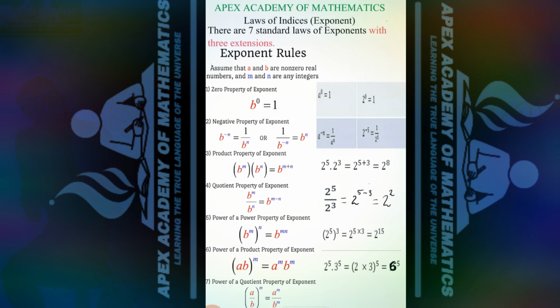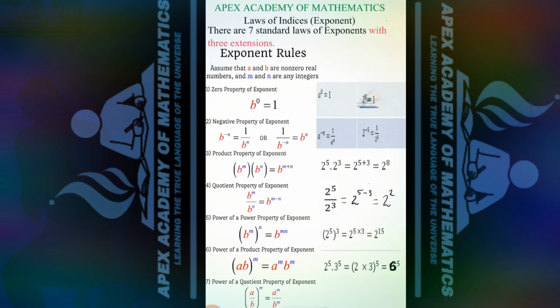It's as simple as that. Anywhere you see a number except 0 that's raised to a 0 power, the result is going to be 1. So here, for example, I have a to the power of 0 is equal to 1. And of course, I have a numerical example here where 2 to the power of 0 is equal to 1.